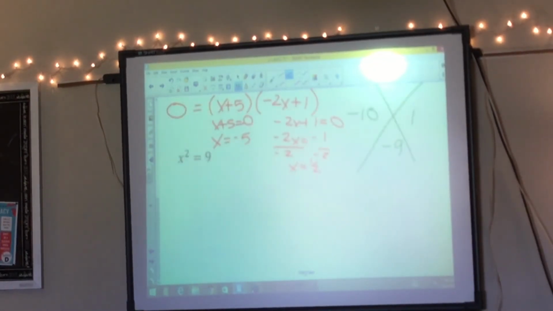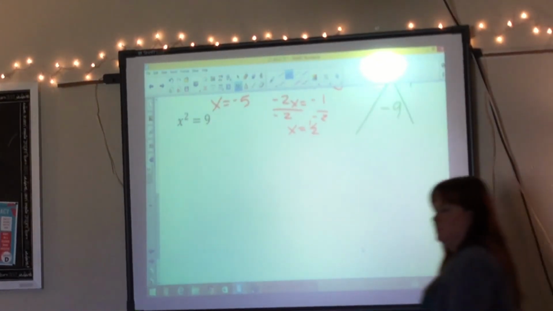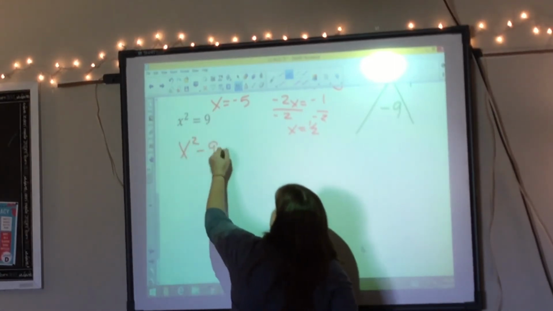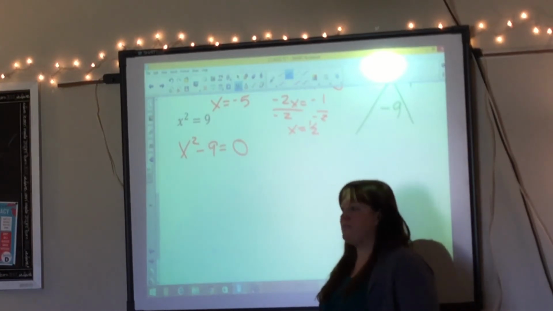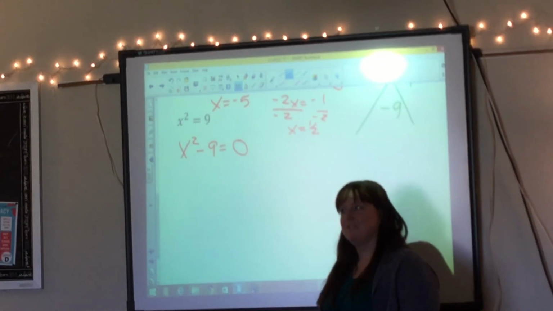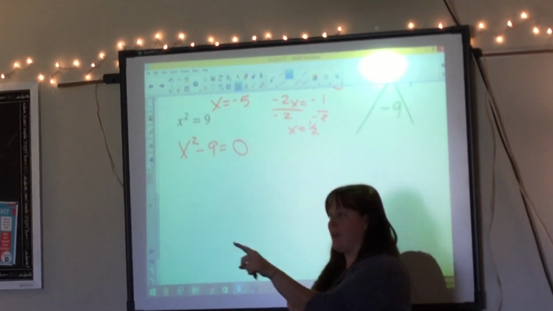This one's tricky. x squared equals 9. So we go x squared minus 9 equals 0. Then we factor, and do you remember what this is called? Not a perfect square, those are slightly different, but you're right.